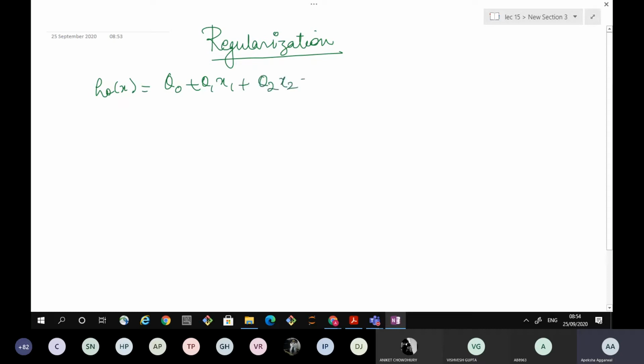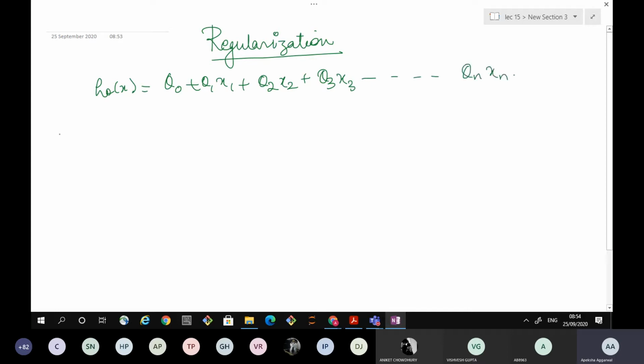So in regularization, what was the problem in overfitting that I was facing? I have a hypothesis representing theta naught plus theta 1 x1 plus theta 2 x2 plus theta 3 x3 and up to theta n xn.